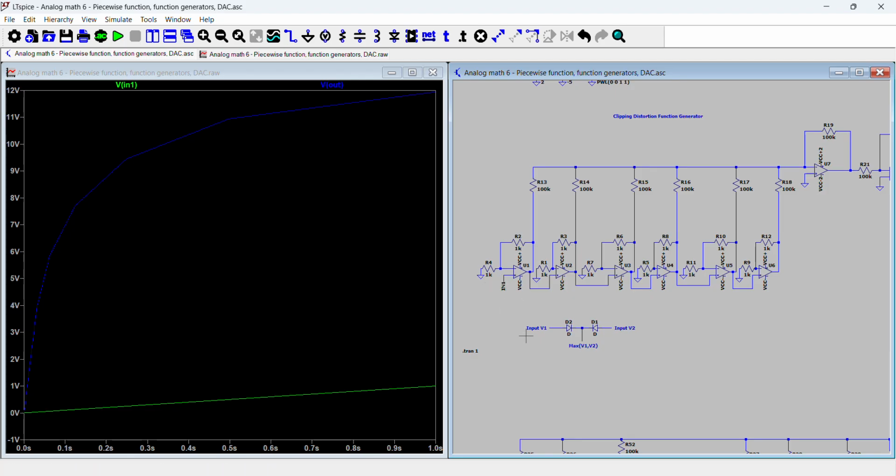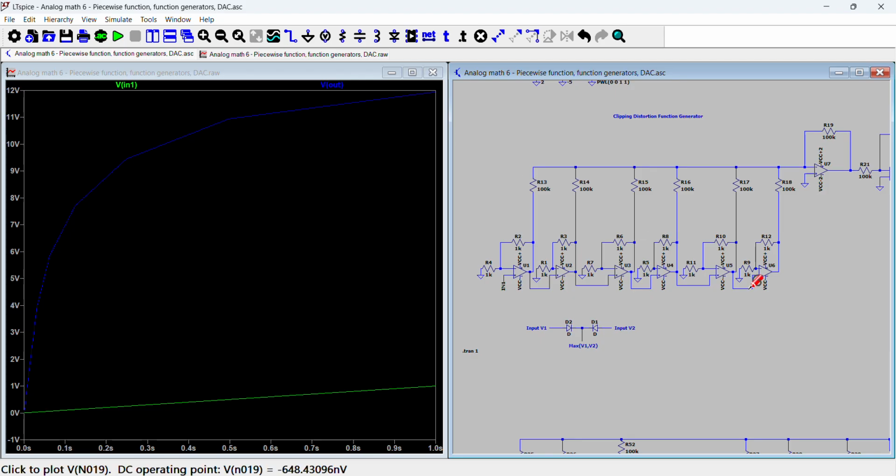So by toggling the resistances on these amplifier stages, you can change the rate at which they start clipping, and therefore you can change the shape of the graph.